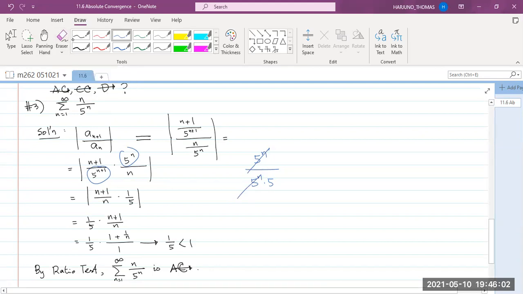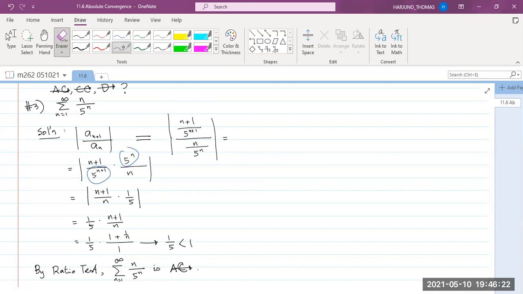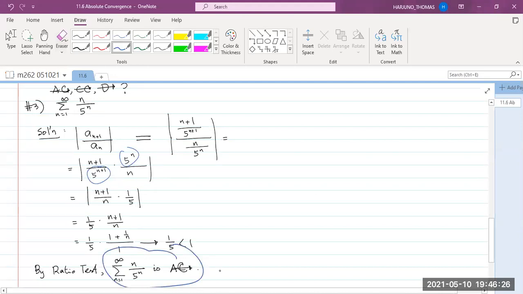Now, because the series is absolutely convergent, therefore it is convergent. The thing is, if the question were to show that this series is convergent, you need to be explicit. After you say that this series is absolutely convergent, you need to continue saying that the series is convergent.